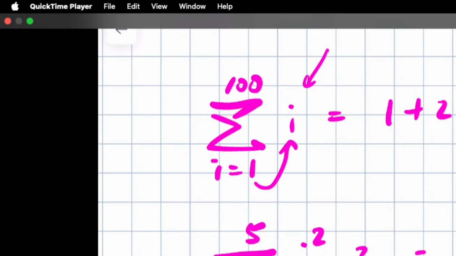The basic, very easy property is if you have the sum from i equal to 1 to n of k times a_i, then k can be taken outside because it's a constant. It equals k times the sum from i equal to 1 to n of a_i. So that's one of the properties.